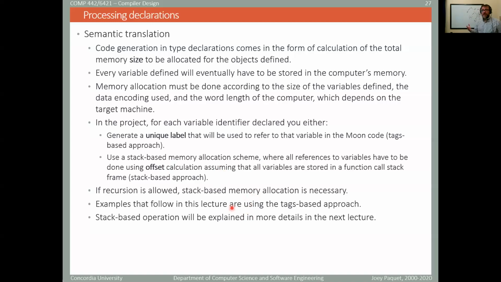One of the things is, for example, if you want to use recursion, then you actually must use an offset mode where you're using an execution stack and stack frames for your function calls. So in this lecture, I'm going to concentrate on the label mode of execution or tags-based execution. And in the next lecture, I'm going to concentrate more on the stack-based execution.